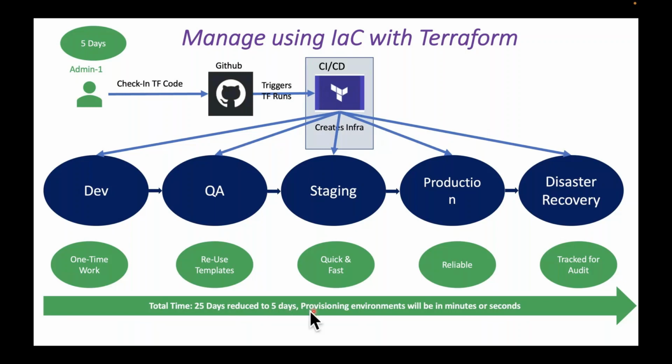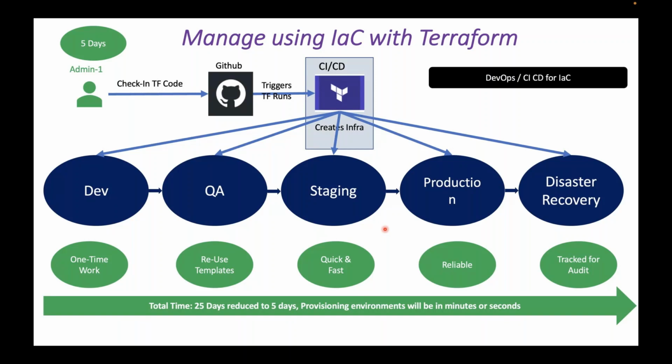That is the power of the IAC tool. So it is best to use IAC in the DevOps architecture, I mean in the CI/CD architecture. And scale up and scale down on demand is very easy in this particular architecture.